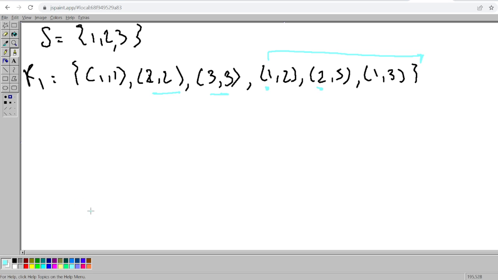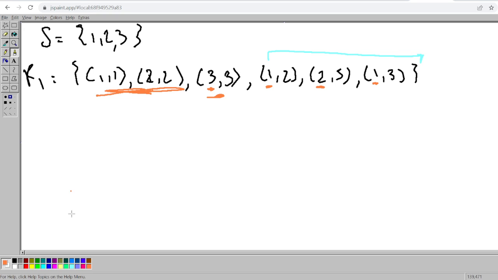Oh, here, let me use a different color. So we can say that the transitivity is the blue. And then we can see for every x we have here, it is reflexive on itself.